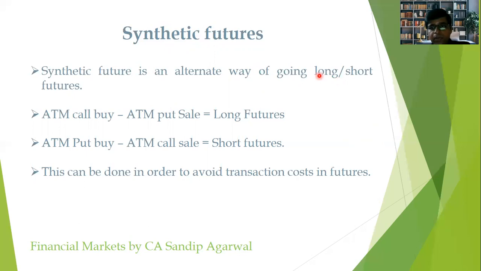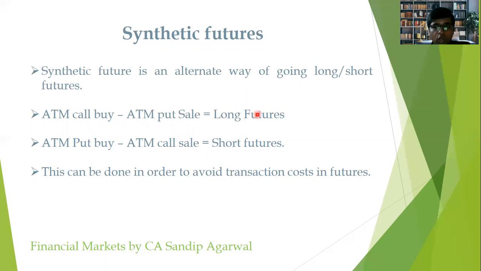He can simply buy a Nifty future, or buy an ATM call option, or a third way is that the person can buy an ATM call option and at the same point of time sell an ATM put option. Buying an ATM call option and at the same point of time selling an ATM put option is equivalent to long futures. I will explain this with the help of an example in the next slide.